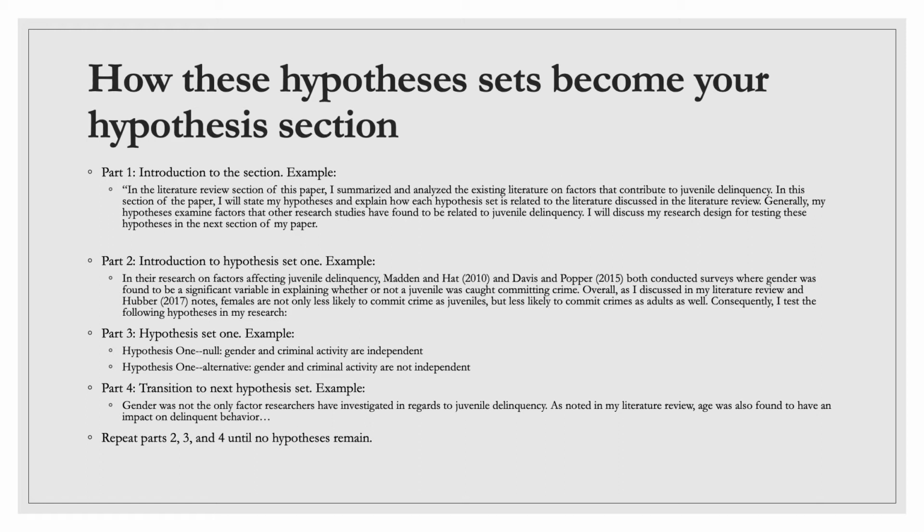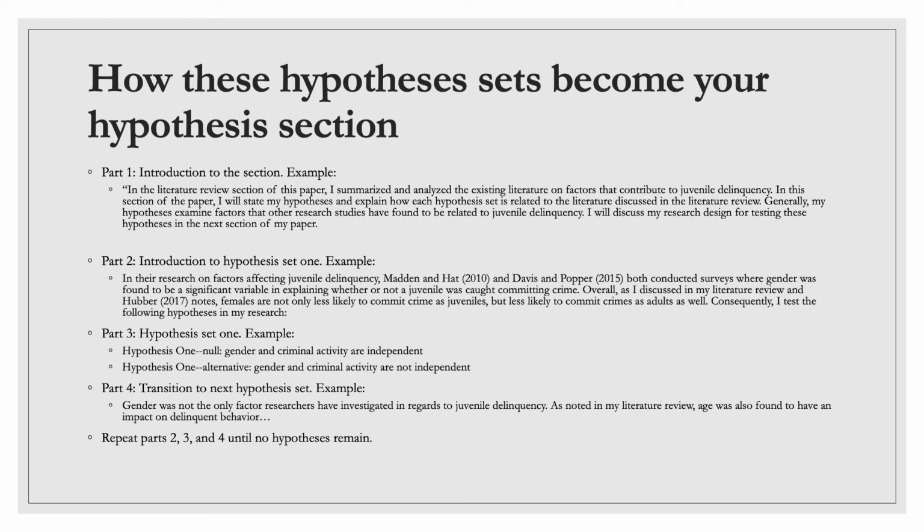It's going to say something like: in their research on factors affecting juvenile delinquency, Madden and Hatt, 2010, and Davis and Popper, 2015, both conducted studies where gender was found to be a significant variable in explaining whether or not a juvenile was caught committing crime. Overall, as I discussed in my literature review and as Hubbard, 2017, notes, females are not only less likely to commit crime as juveniles, but less likely to commit crime as adults as well. Consequently, I test the following hypotheses in my research.